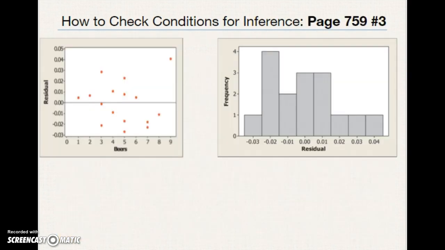If you turn to page 759 in your textbook and look at question number 3, it is about blood alcohol content, and it really just wants you to check the conditions. So take a minute, pause, read the problem, and then we're just going to quickly go through question number 3.